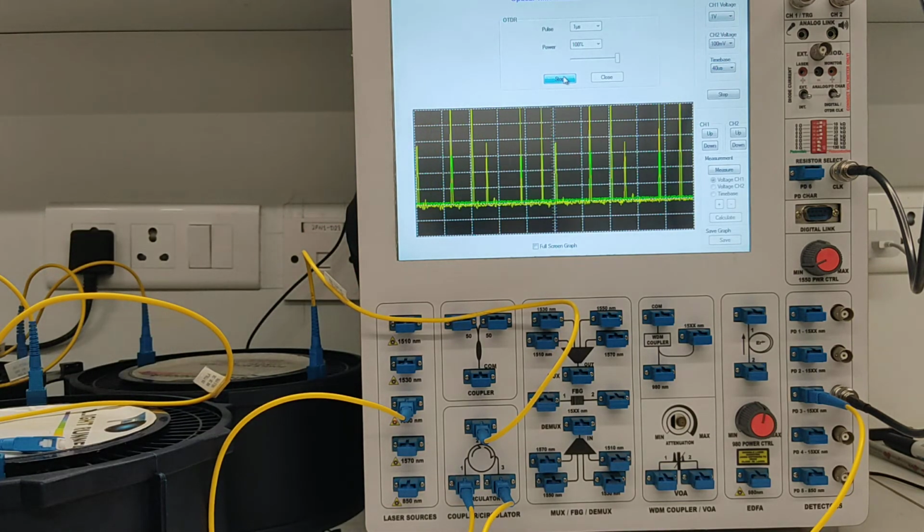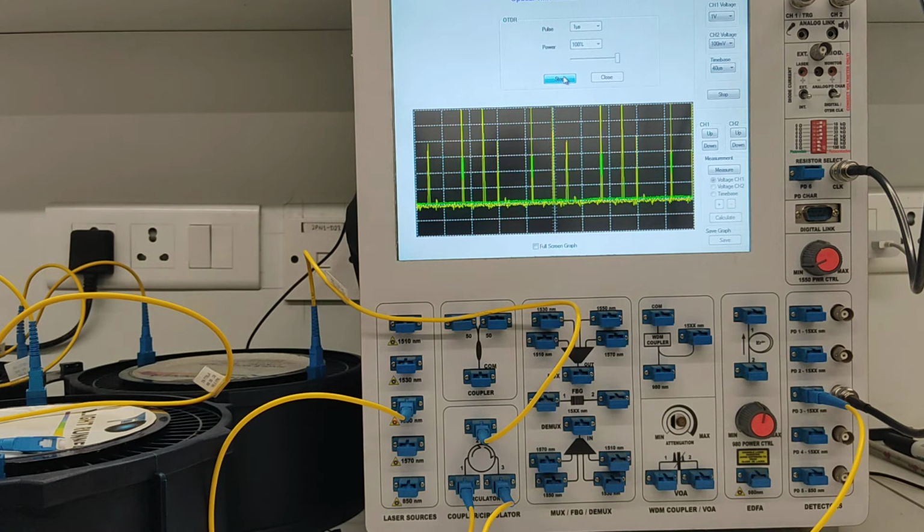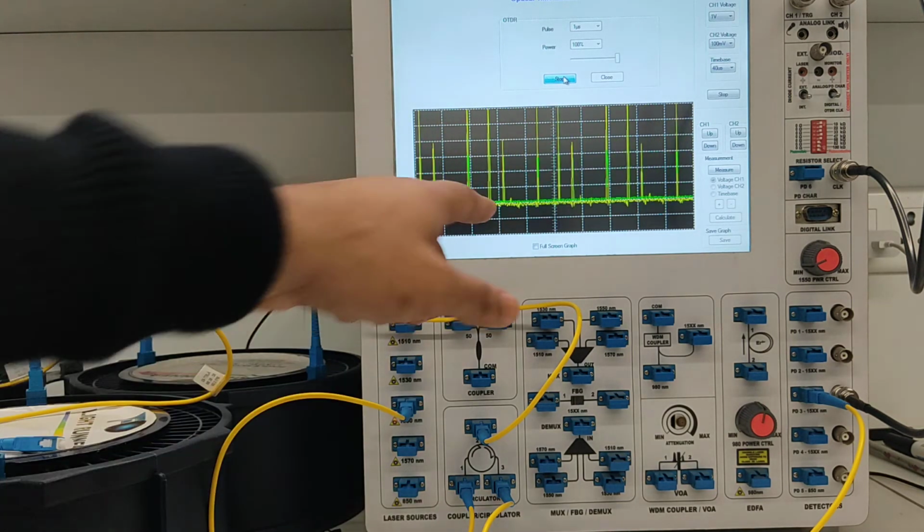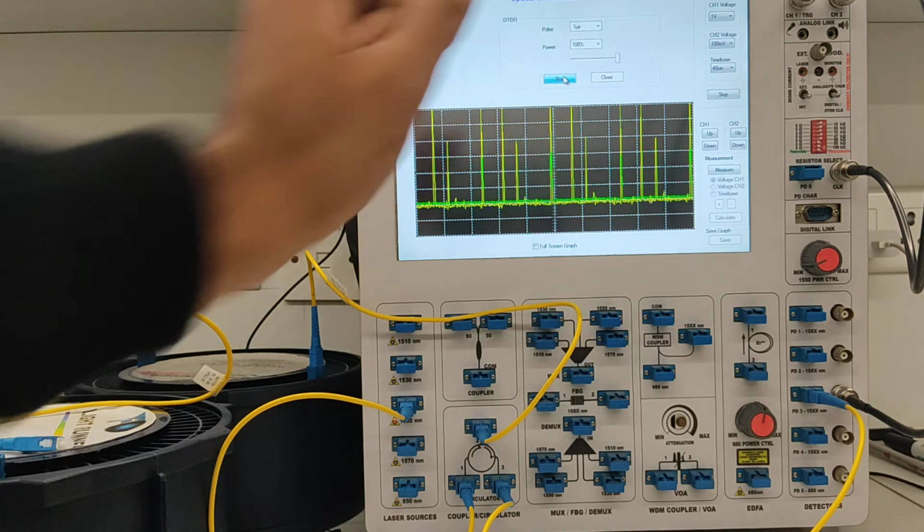Now you can see that there are multiple peaks. Since the light is propagating a distance of 6 kilometers, you should get only one peak after this clock pulse. But why are you getting these 2 or 3 peaks?